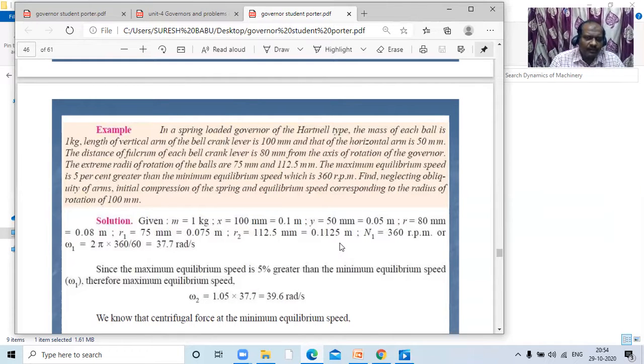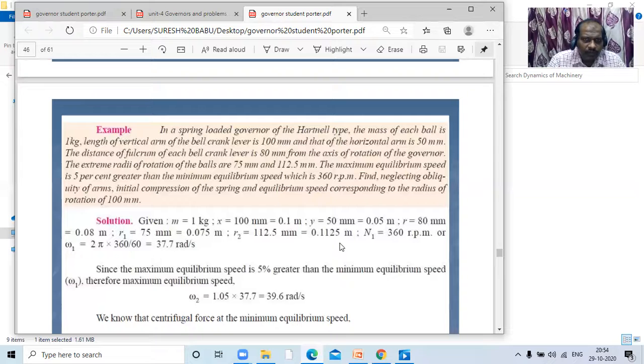Next, to find the initial compression of the spring, spring compression is denoted by the letter S. We can find it. So let us solve this problem on paper. Try to go through the given contents. Once again observe: the ball mass is given as 1 kg. x is going to be one of the distances as per the diagram.